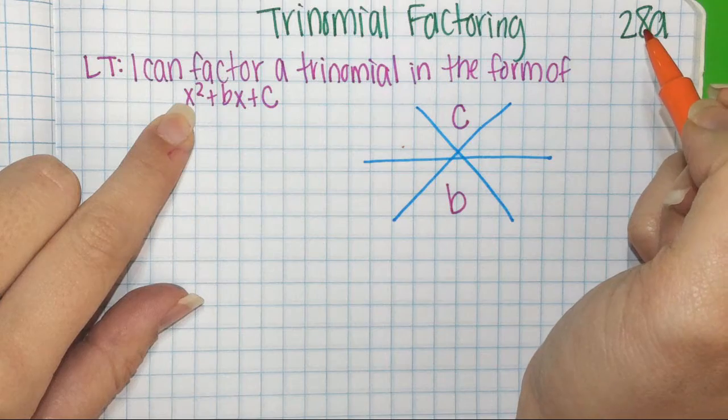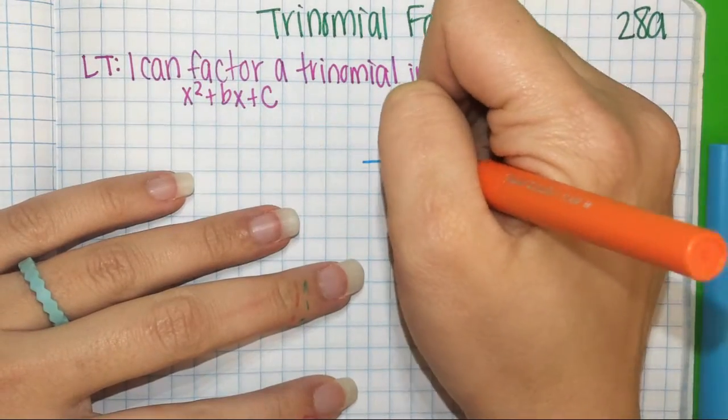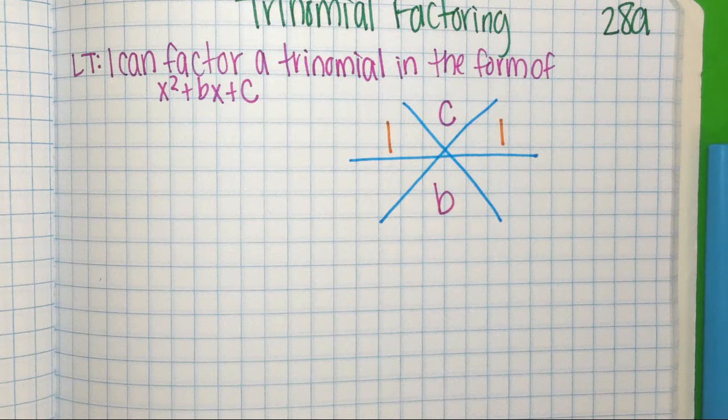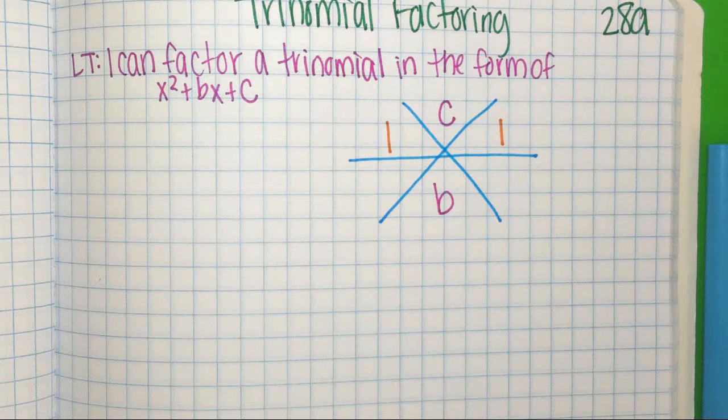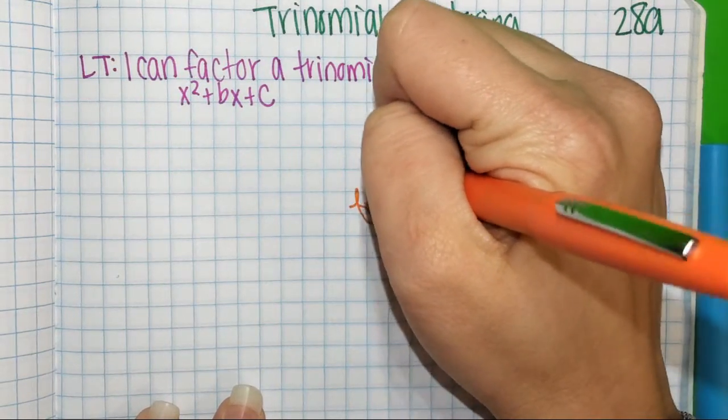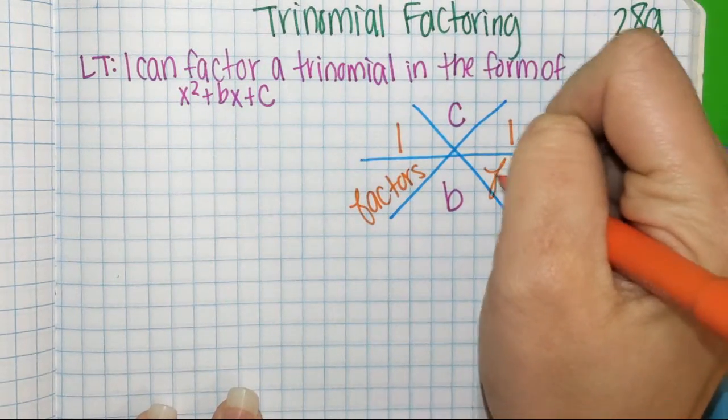In front of X is a 1. So 1 goes there. The square root would go there. The X would go up there. And on the bottom are our factors.